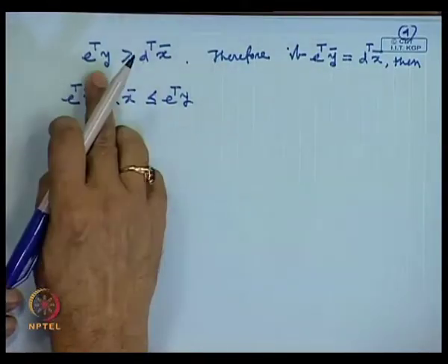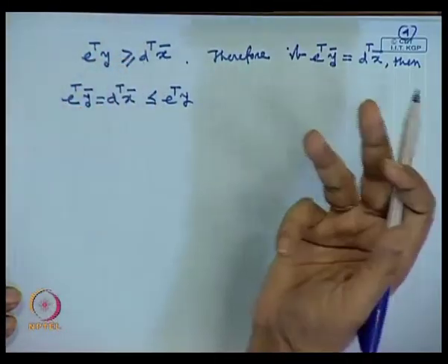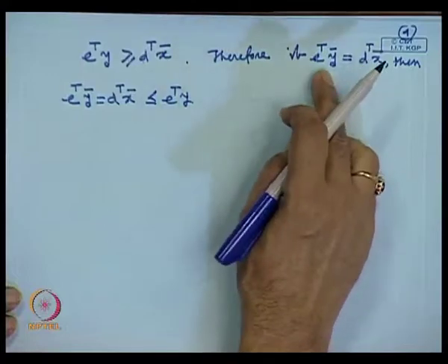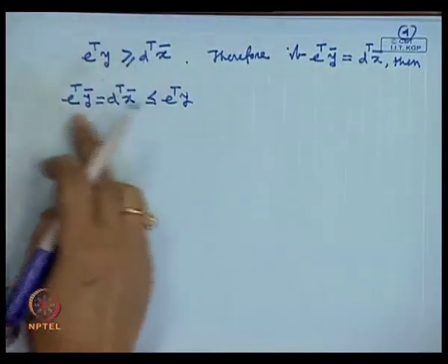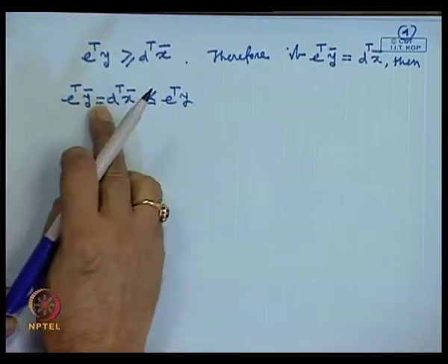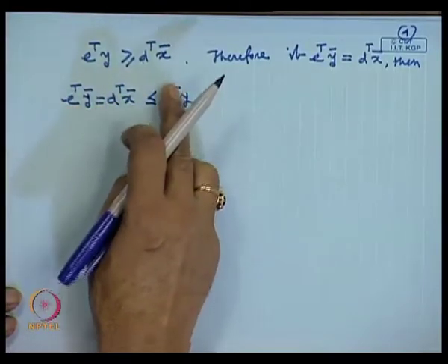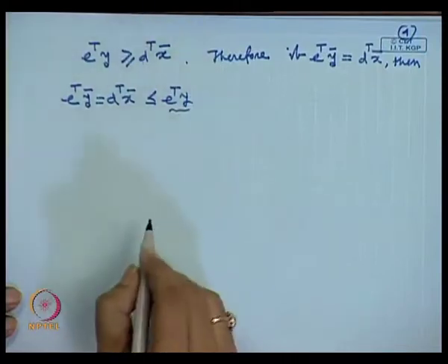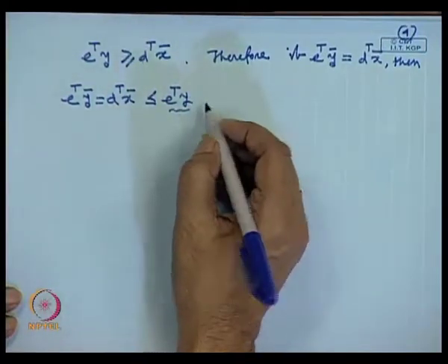So if there is some other feasible point y bar which is equal to this, this indicates that this quantity, the objective function value of primal and dual, is less than E transpose y. Agree? So, what does it mean?